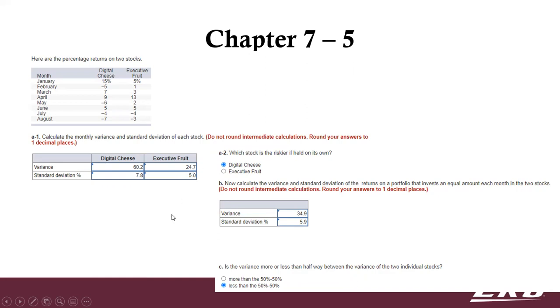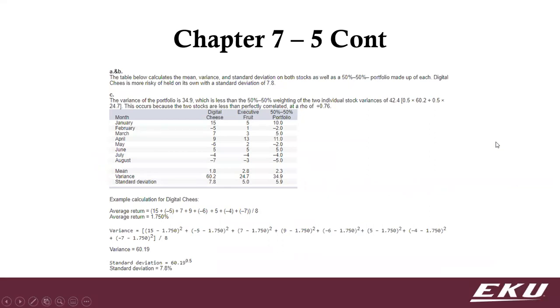This is a rounding issue here. But yeah, that's what's going on with these. So calculating the mean, variance, and the standard deviation. Like I said, standard deviation is just the square root of that variance.